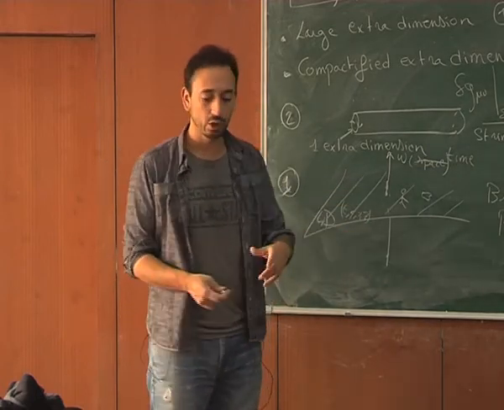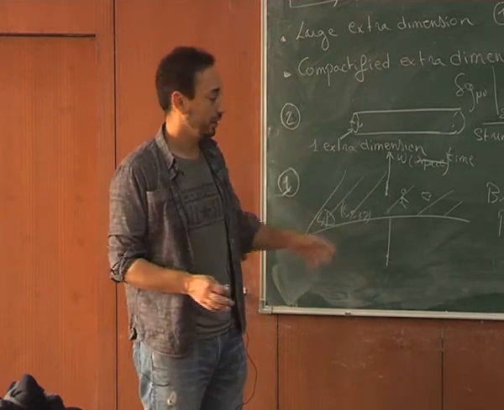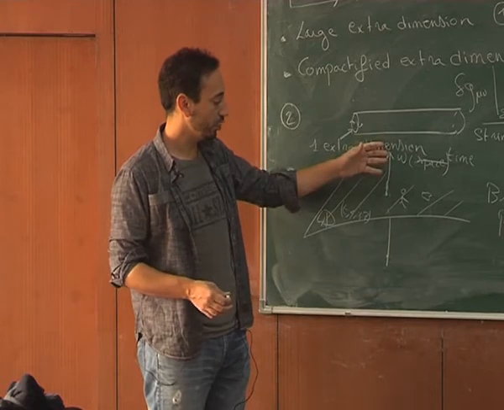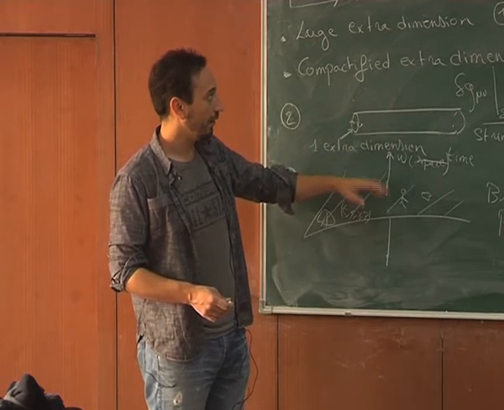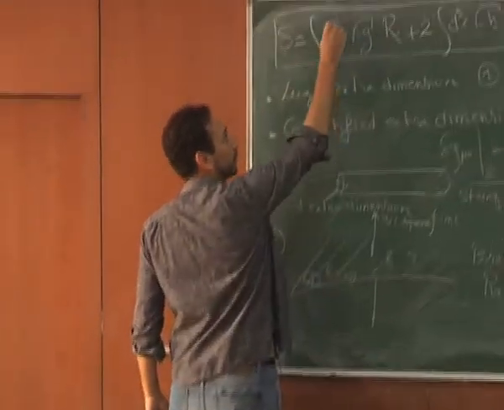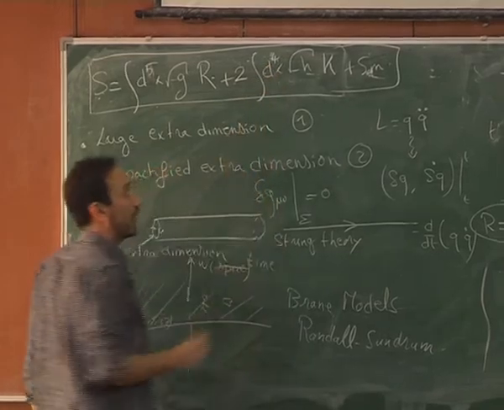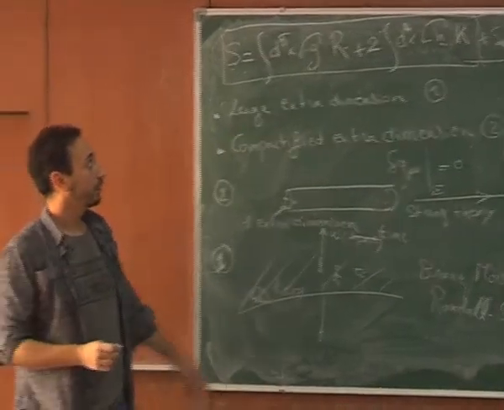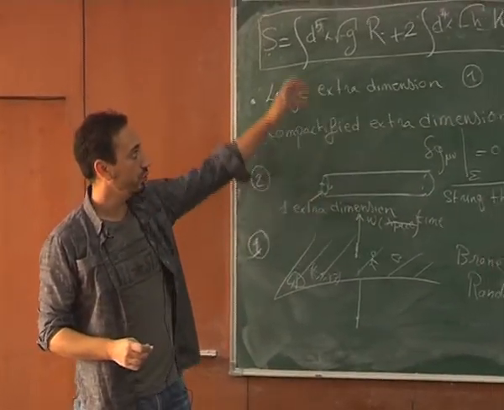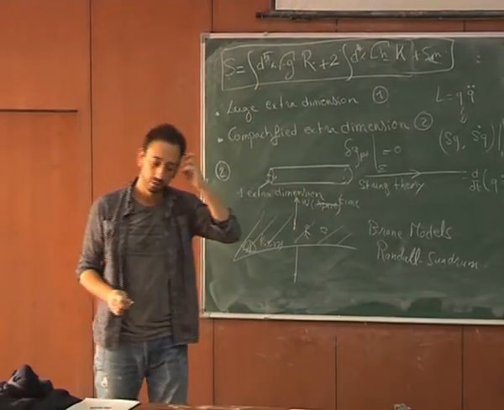That is what we are going to see after. If you believe that there is an extra dimension, I have an action now which is going to be in 5 dimensions. But actually I can reduce that to an action in 4 dimensions with a scalar field.